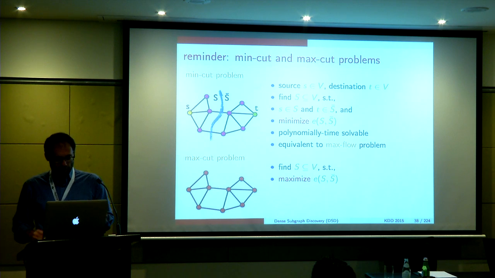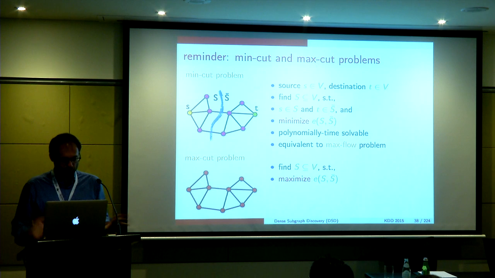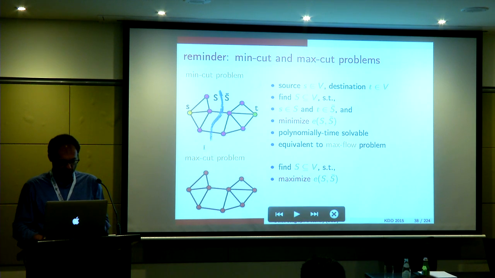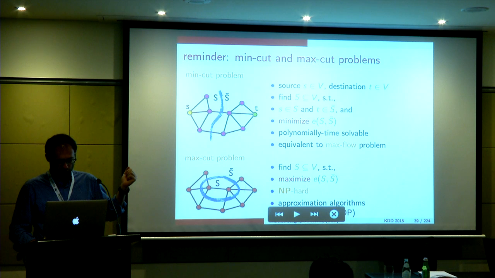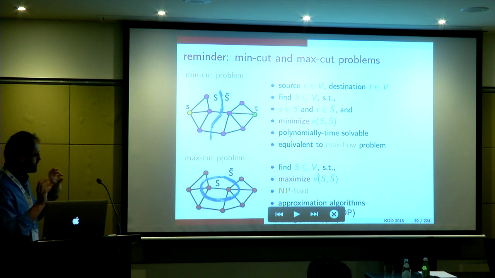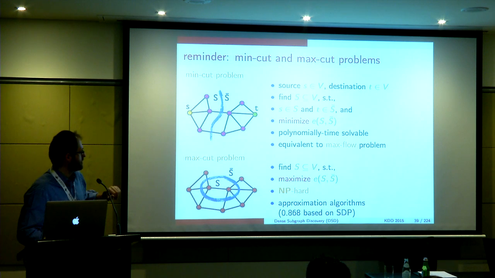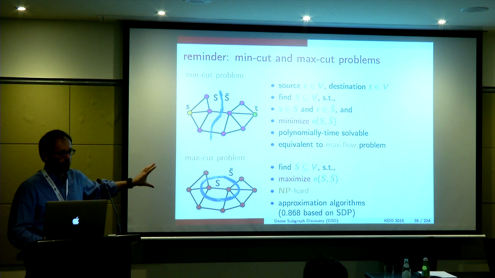Okay? Another problem, seemingly similar, is the max cut problem. In this problem, I don't have S and T, so that is one difference, and I don't look for a small cut, I look for a large cut. So here, for example, this is a good max cut because I really cut a lot of edges, right? From S to its complement. Now, although these problems look similar, they are different in their complexity. The min cut is polynomial, max cut is an NP-hard problem.